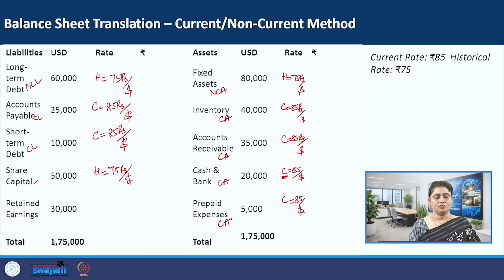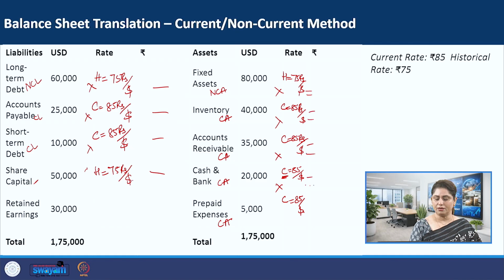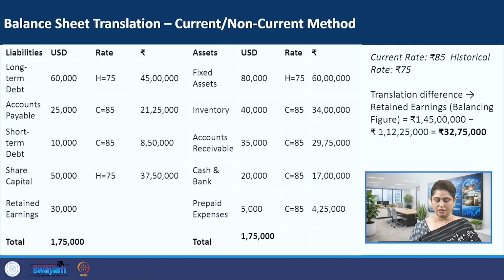Now, what we will do? We will multiply these and we will get some amount here. Similarly, we will multiply these rates with the values to get the amounts in rupees. Now, we have calculated it for you. See, here is the rupee value, which is 45 lakhs, if we convert 60,000 at a rate of 75 rupees.